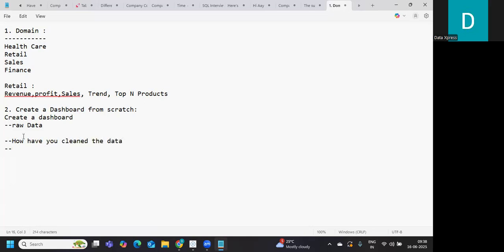After that, what tools you have used, and how you have structured the data or the dashboard. You will get this only when you're actually doing it: what kind of filters you have applied, what cleaning you have done on the data, and all.